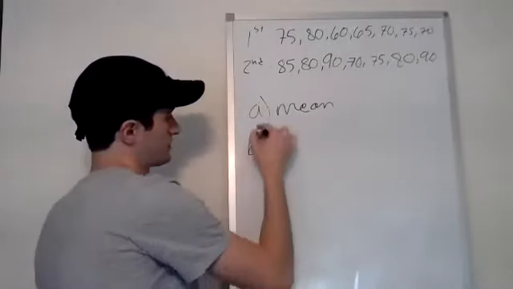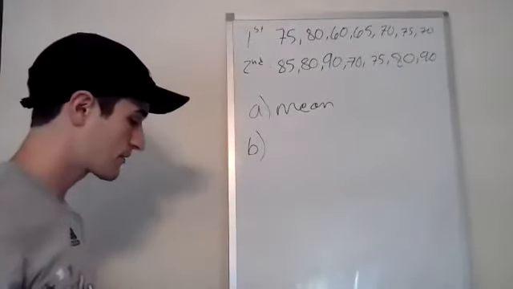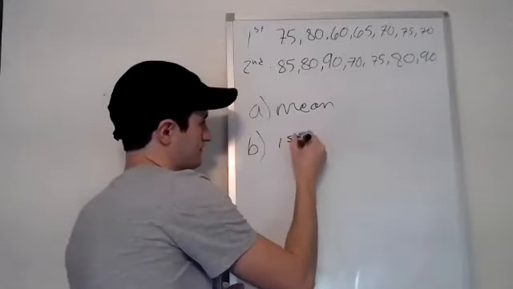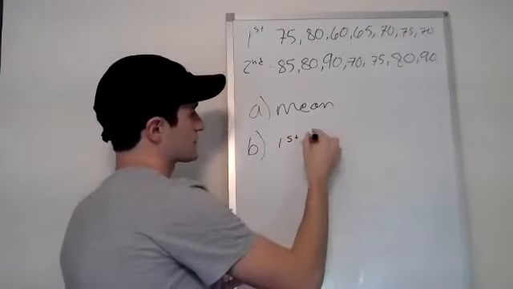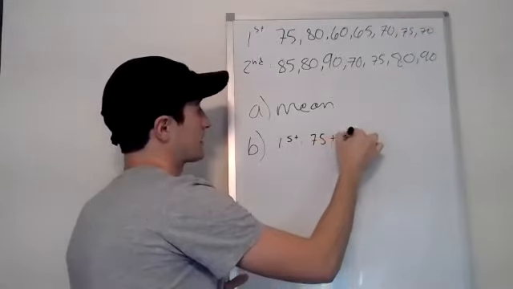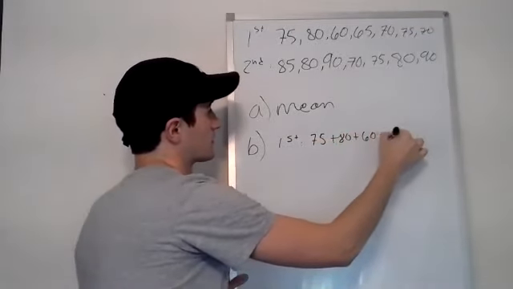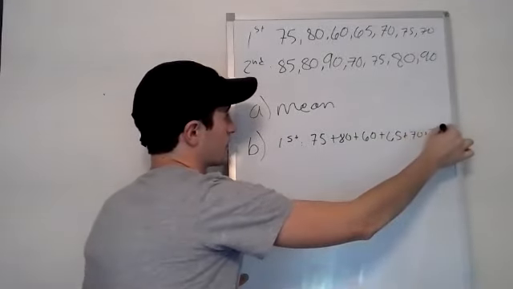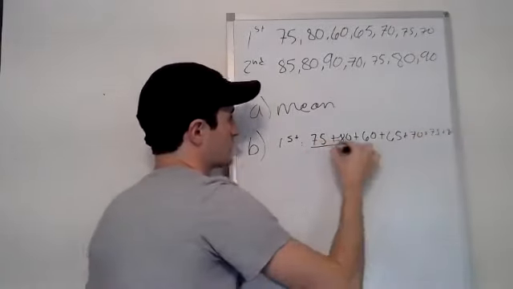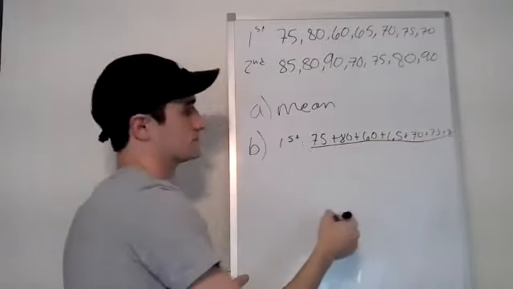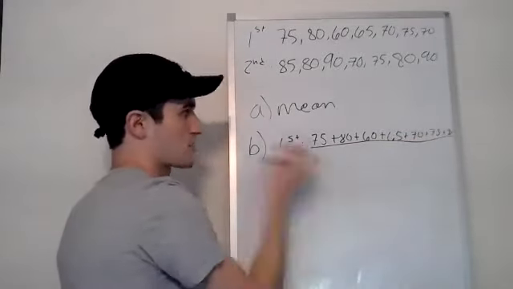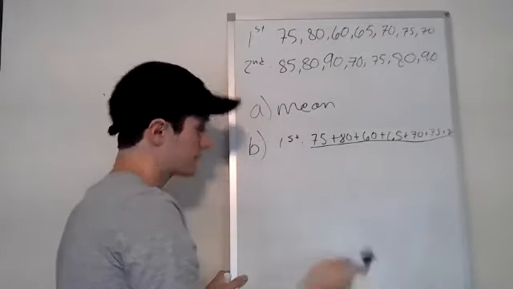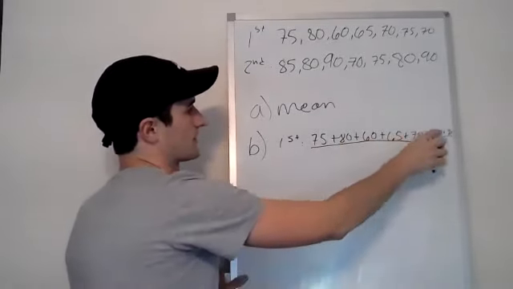Okay, so for part B, it says use those to compare them. So what you would do to find the first, again, you would take all those numbers: 75, 80, 60, 55, 70, 75 plus 70. You would divide all those by the total number of scores, and I think she had 7, right? 1, 2, 3, 4, 5, 6, 7.